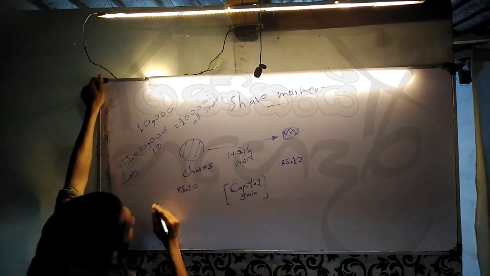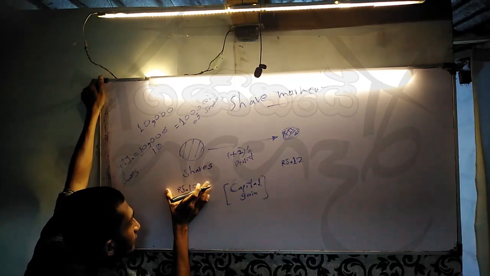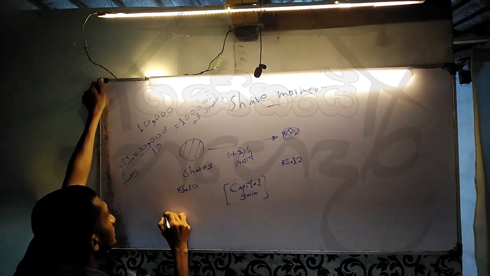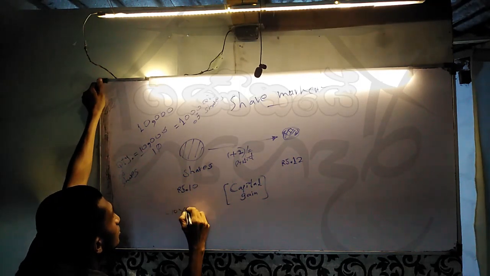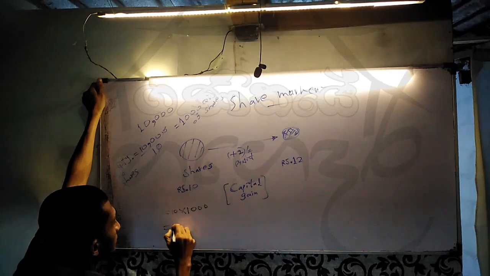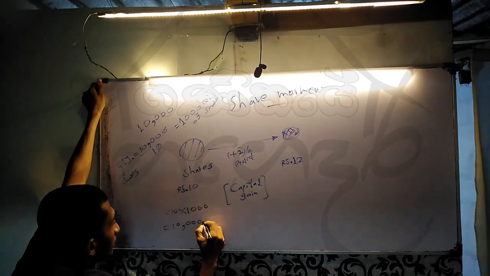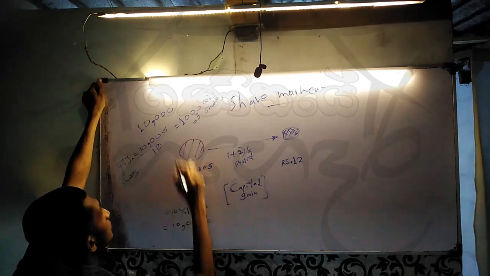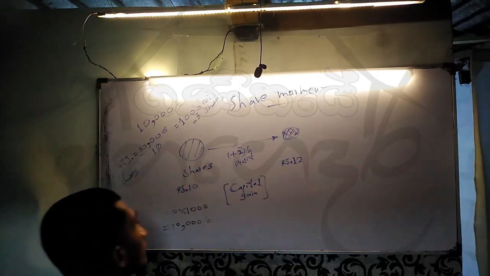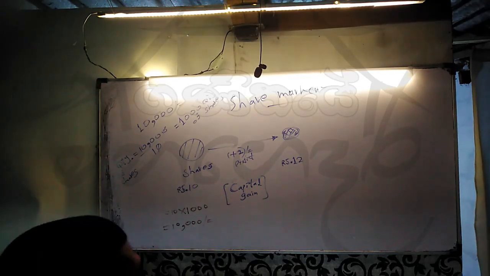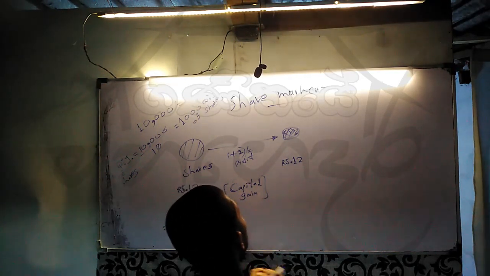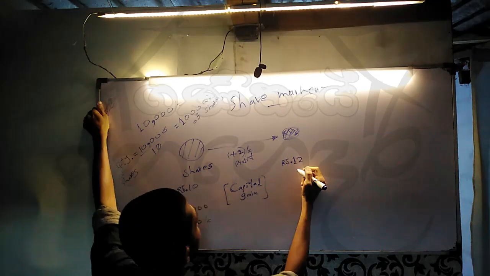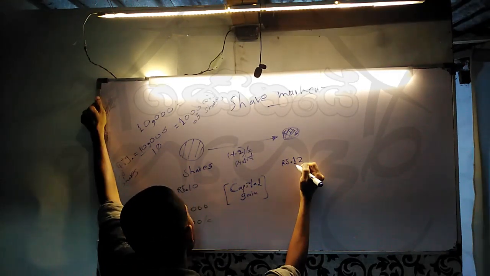Now, the total value of the first shares is equal to 10 into 1,000, which is 10,000 rupees investment. After this, capital gain at 12 rupees for each share.